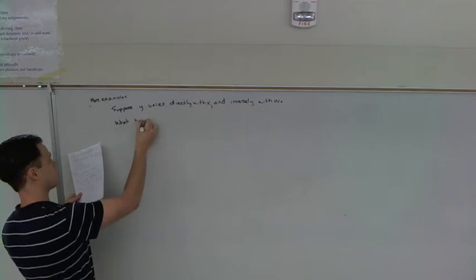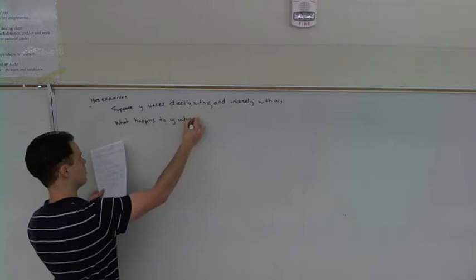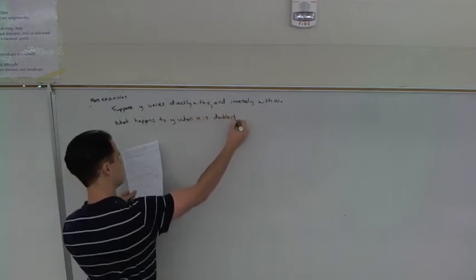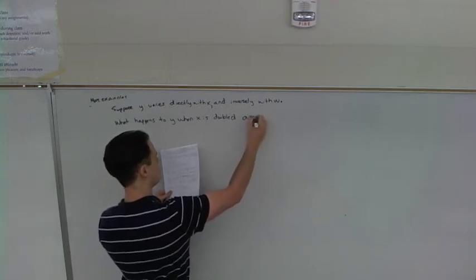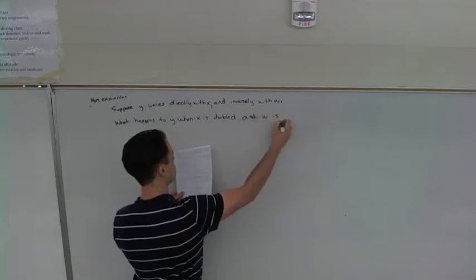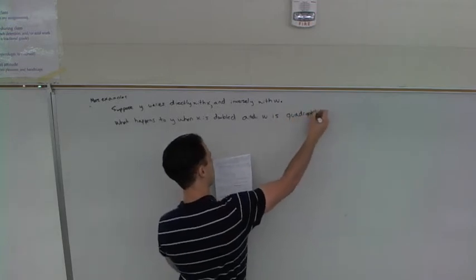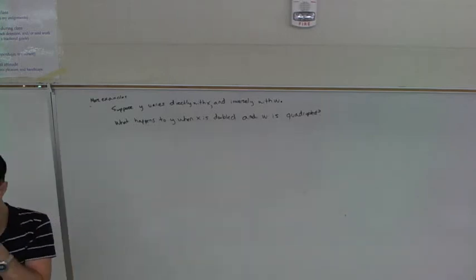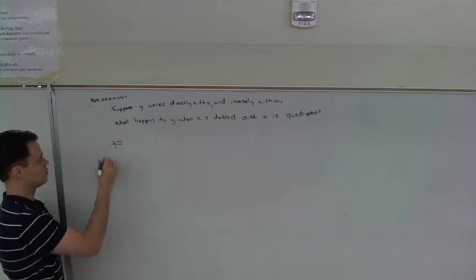What happens to y when x is doubled and w is quadrupled? This one might not be so easy to guess. Maybe still not too bad. So what's the original relationship? We got y equals.